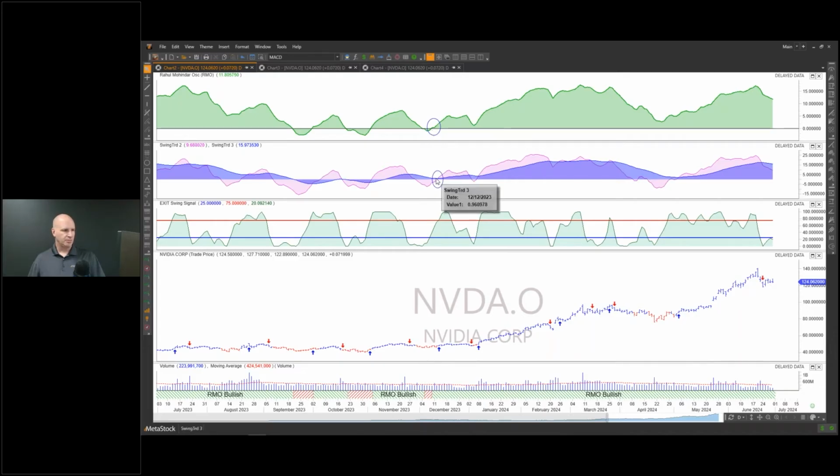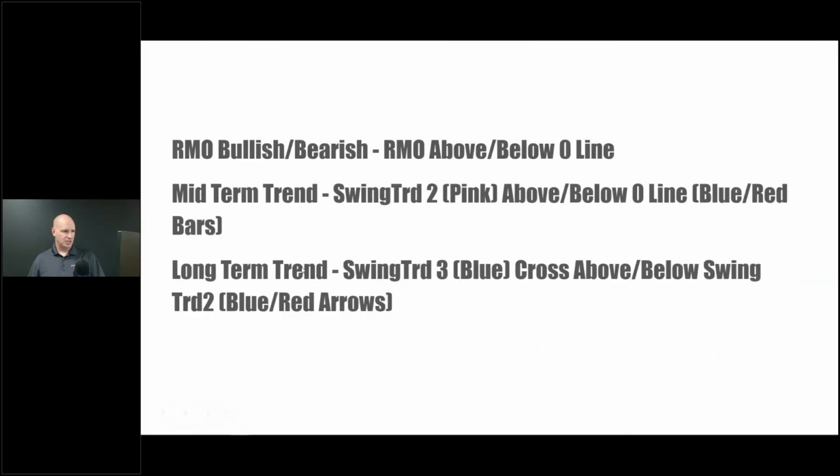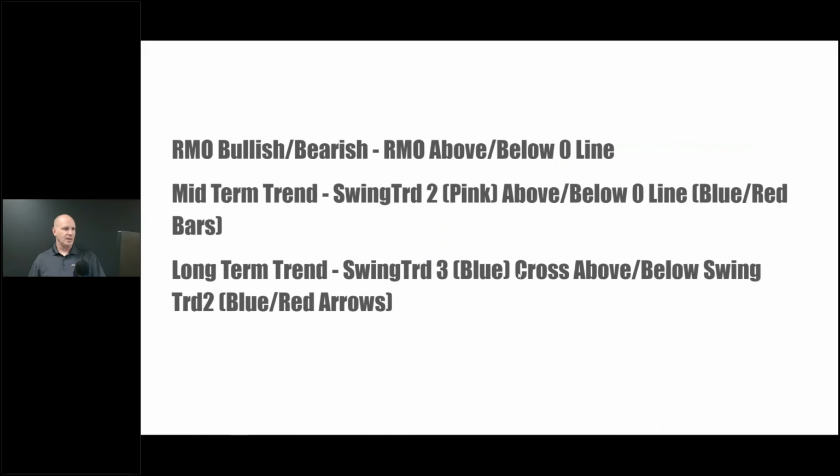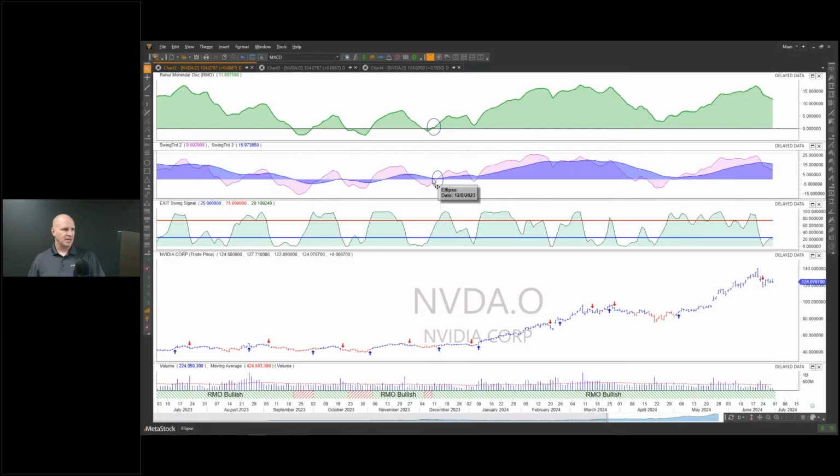Bullish, bullish. And then the final piece of the puzzle is I need to know long-term trend. Now, long-term trend is defined by swing trade 3, which is this blue, or purplish, line on the chart here, crossing above or below the swing trade 2, which is the midterm, okay?